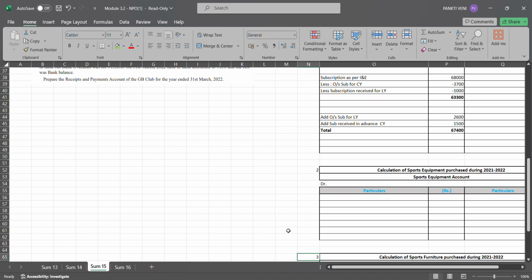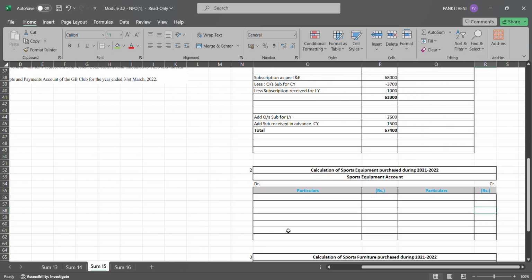So for sports equipment, the first figure I'll take from the income and expenditure account, and that is 6,000. By income and expenditure, they have mentioned that they have purchased it. That's why I am noting it down.